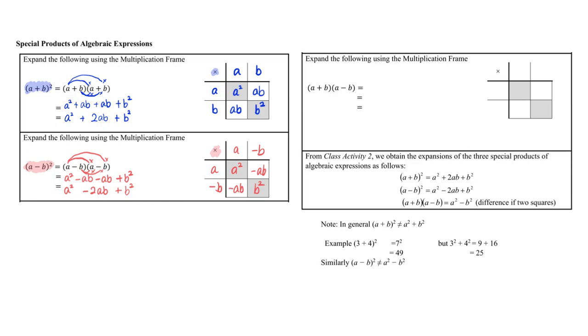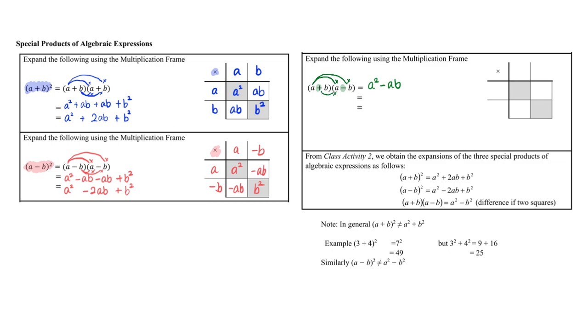As I move on to the third and last special product. Now, this is really special because it is no longer (a plus b) bracket square or (a minus b) bracket square. It is a plus b times a minus b, and let's see what will happen, okay? A times a will be a square. A times negative b is negative ab.